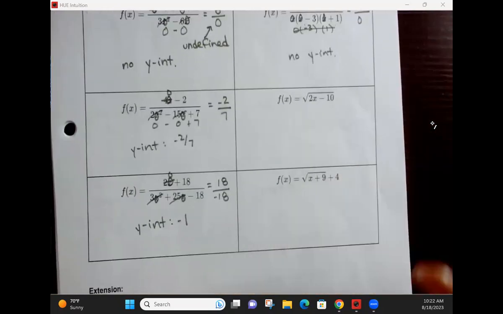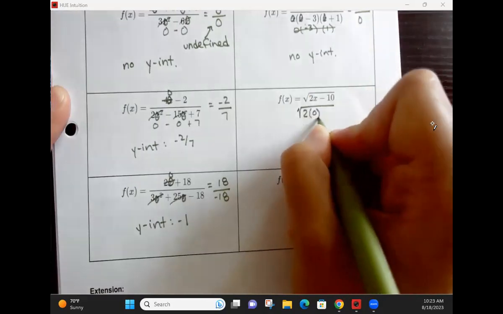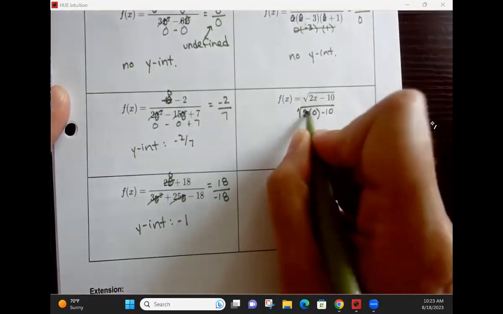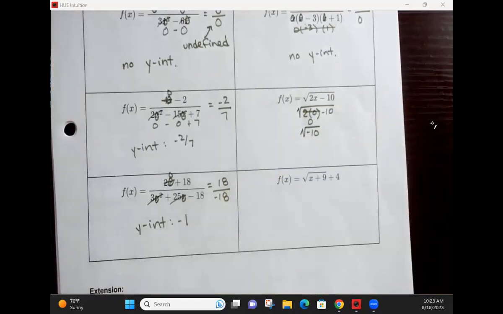The last two, we've got some square root functions. So we're going to plug in 0. For this guy, square root of 2 times 0 minus 10. That's 0. So we have the square root of negative 10.